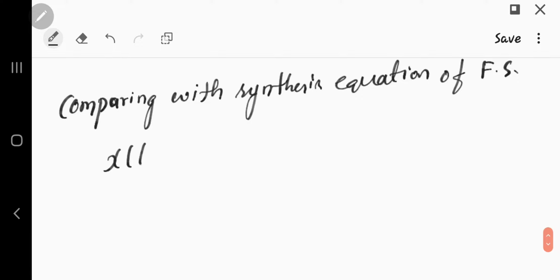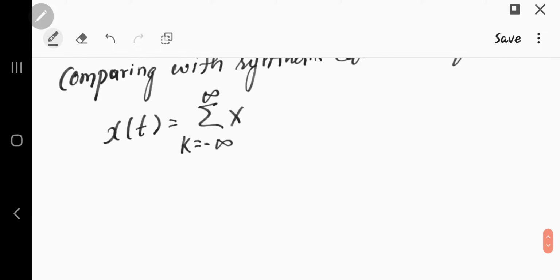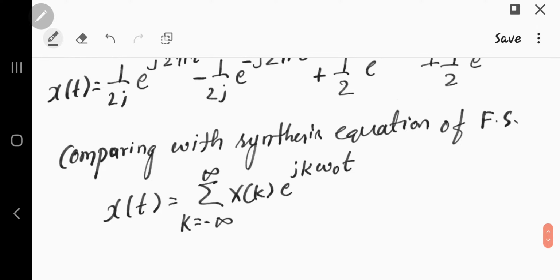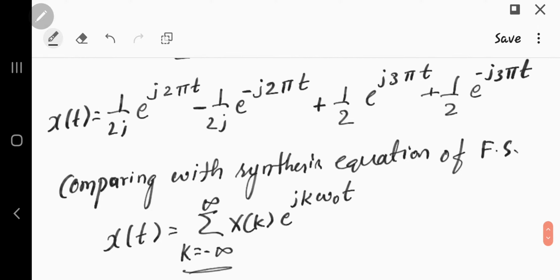So we have x of t is equal to summation k is equal to minus infinity to plus infinity x of k e power j k omega naught t. Now observe this summation here. In place of x of k we have 1 by 2j, minus 1 by 2j, and here 1 by 2 and 1 by 2, so that is fine.